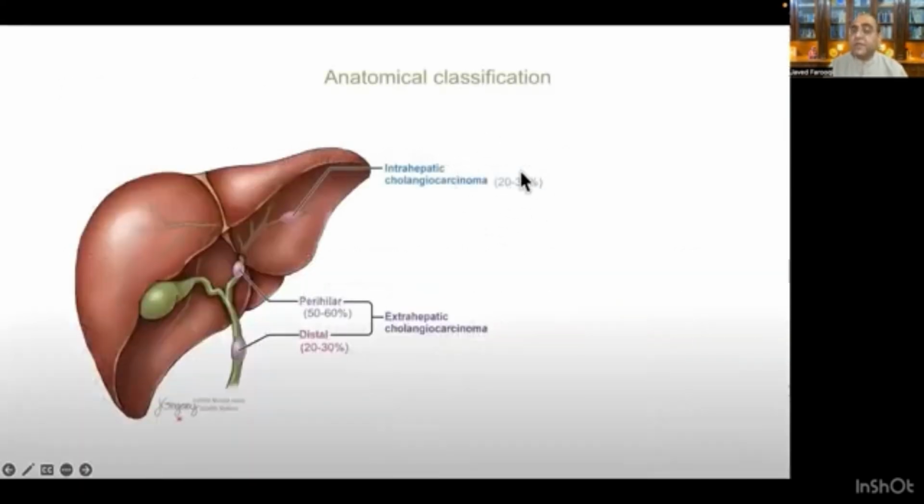We know that 20 to 30% of cholangiocarcinoma is intrahepatic, while 70 to 80% is extrahepatic, and out of these, 50 to 60% are perihilar, and 20 to 30% are distal cholangiocarcinoma.